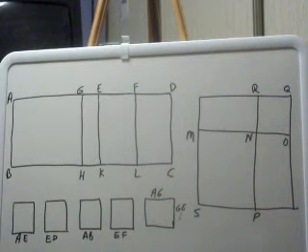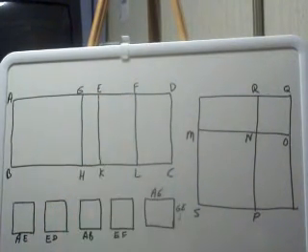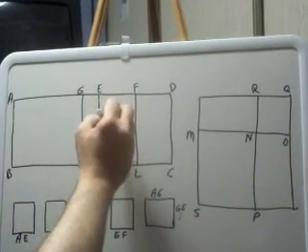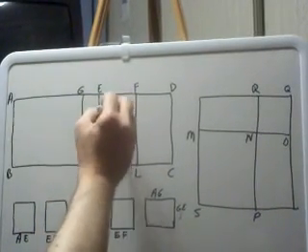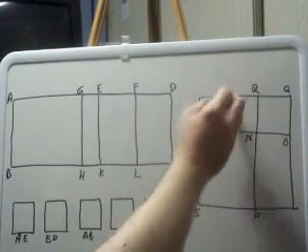And since each of them is rational, EF is rational, EK is rational. Therefore, EL, that is MR, is rational. This area right here is the same area as MR, which is this area right here.